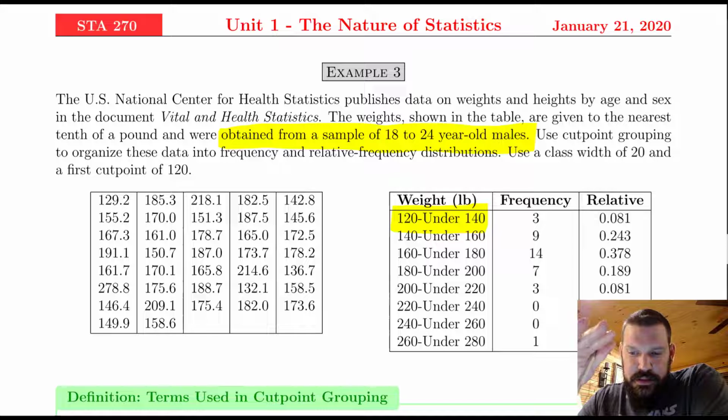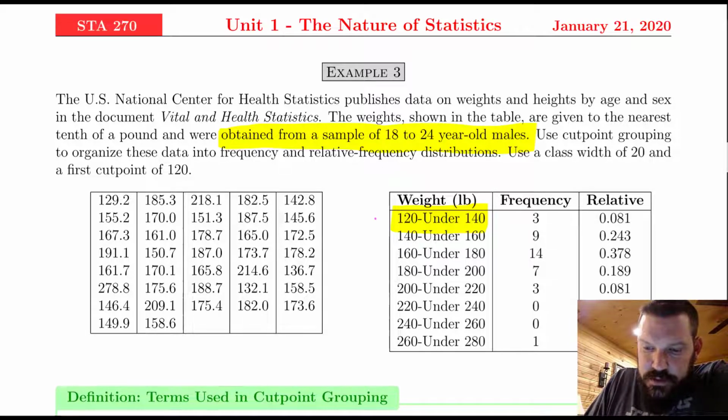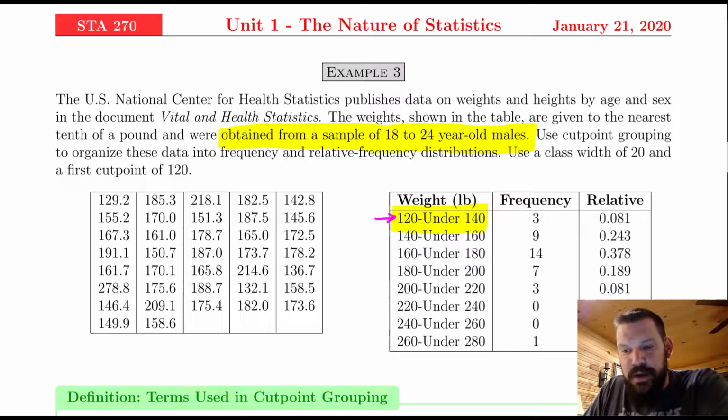With this table, we go about the counting the same as we did with the limit grouping, with a discrete variable, but now with a continuous variable. Now we're just looking for, in this first group, anybody that weighs 120 pounds up to, but not including, 140 pounds.